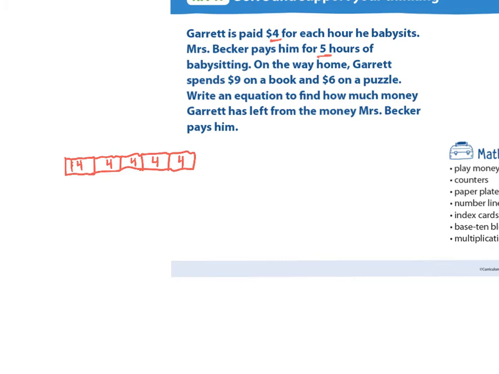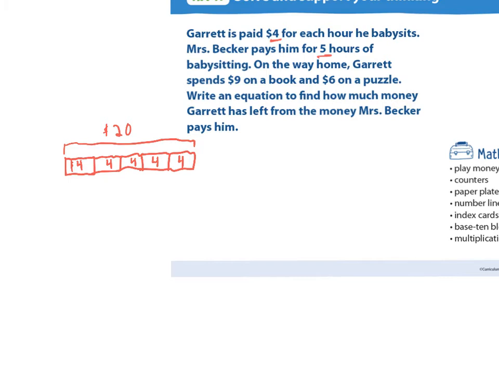Right? So we know this number right here, 4 times 5, we know he got paid $20. Good for Garrett, earning $20 there, tax-free.